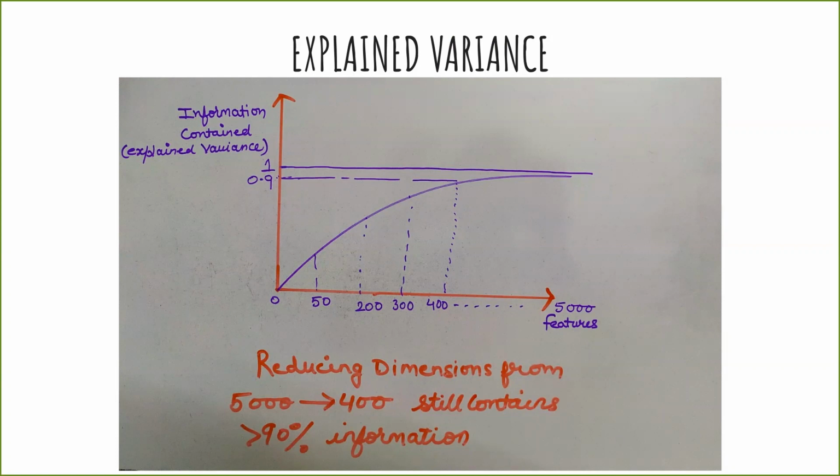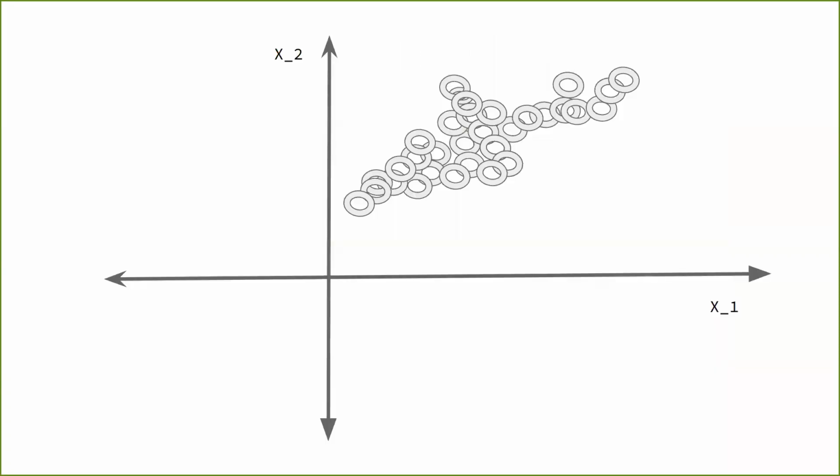It means that 90% of the information is contained in 400 features. So we can reduce the dimensions from 5000 to these 400, and still have 90% of the information. I will explain this whole concept with an animation.